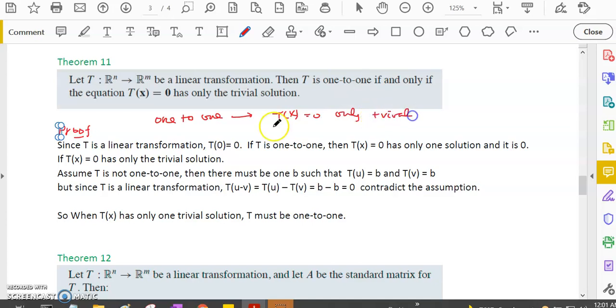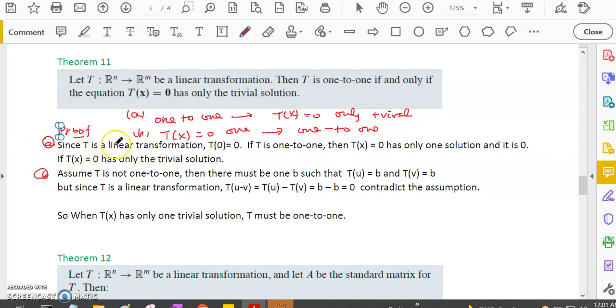That is the A part. The B part, we need to show that if T of x equal to 0 has only one solution, then it is one-to-one.